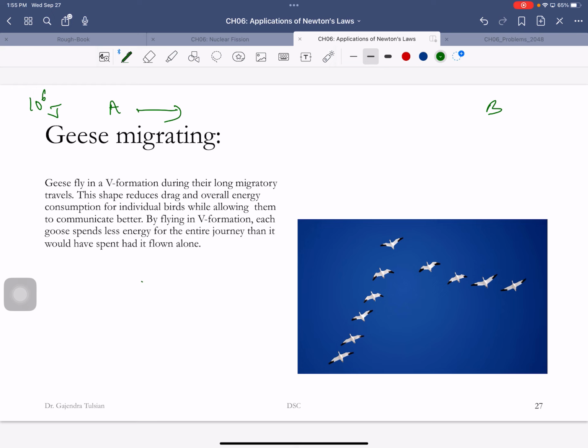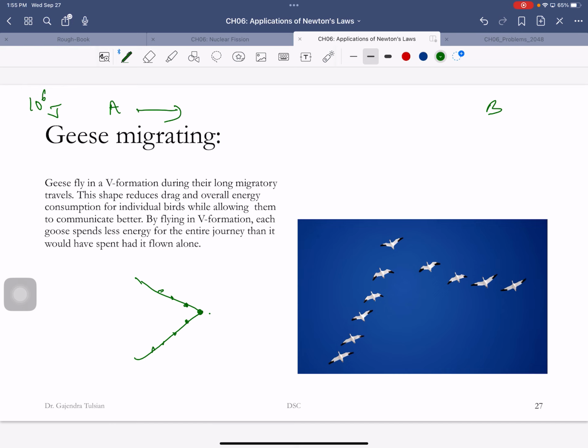Now, if you fly as part of a team, if you're flying here, the drag force is still large on you, and you're spending a lot of energy. But if you fly here, the drag forces on you are less, and you would spend less energy.